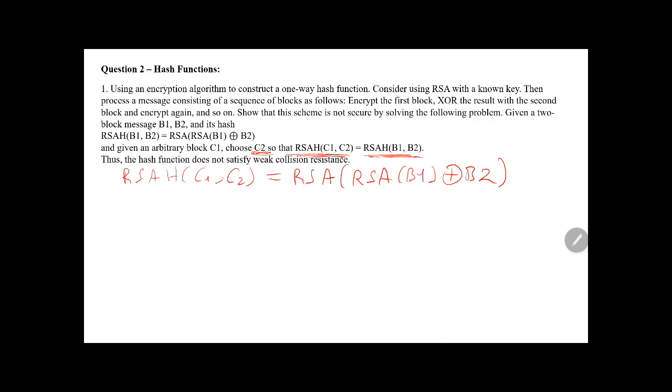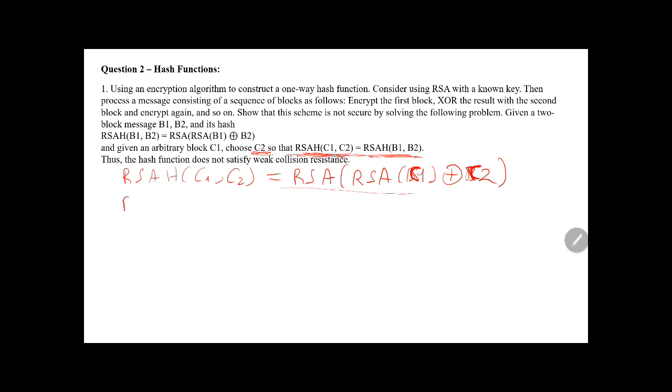Let's try to equate this with the RSA hash of B1, B2 in order to get an equation for C2. Pardon me, this is not B1, B2, this is C1, C2. Just the same concept, I just copied it. So in order to achieve this collision, we want to equate the equation for RSAH of C1, C2 and the equation of RSAH of B1, B2.